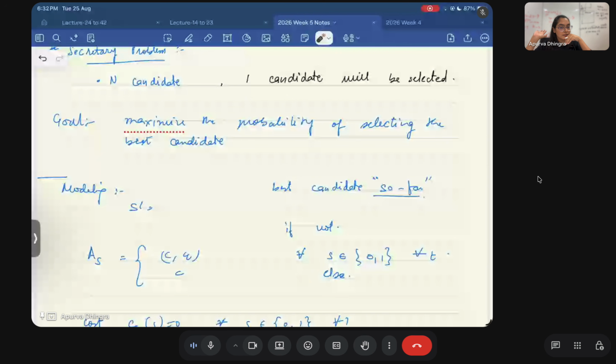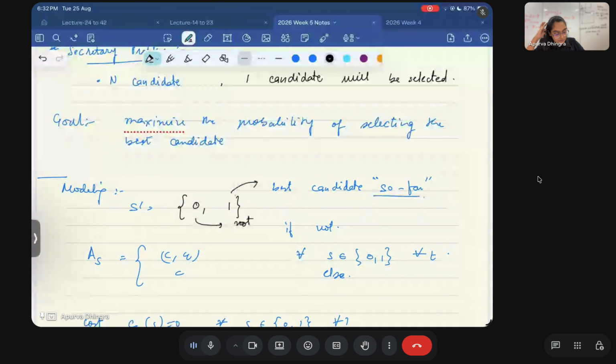That is the only thing that is being captured in my state. So this is captured by 0 and 1. 1 would mean it's the best candidate. 0 means it's not the best candidate. The keyword here is so far.